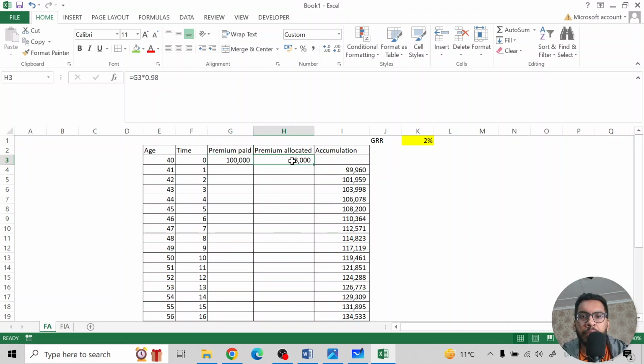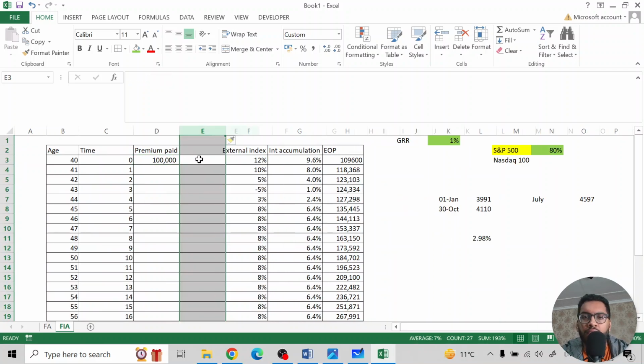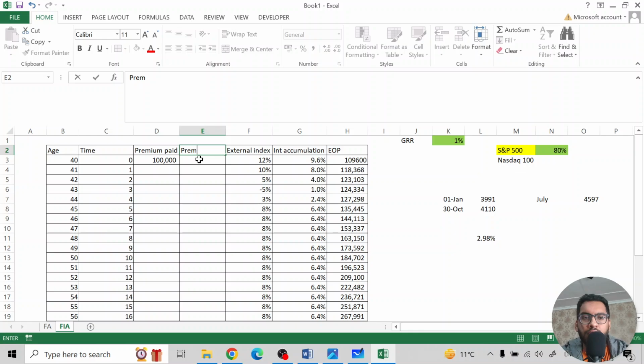Then the rest of the remaining balance will keep on accumulating. Same you can say with this example as well. 95, let's say.